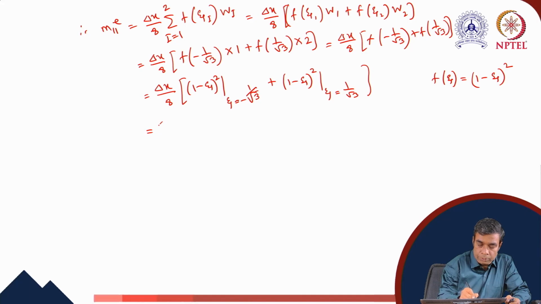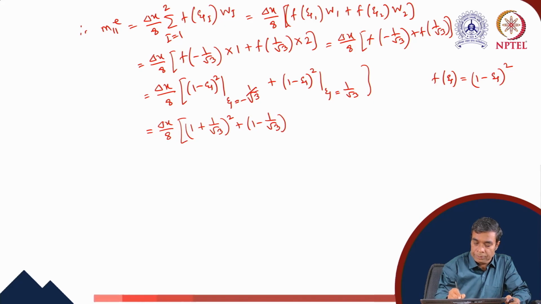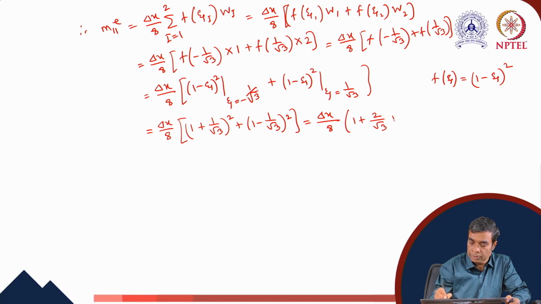This reduces to delta x by 8 into (1 plus 1 by root 3) whole square plus (1 minus 1 by root 3) whole square. So this is delta x by 8 into 1 plus 2 by root 3 plus 1 by 3 plus 1 minus 2 by root 3 plus 1 by 3.